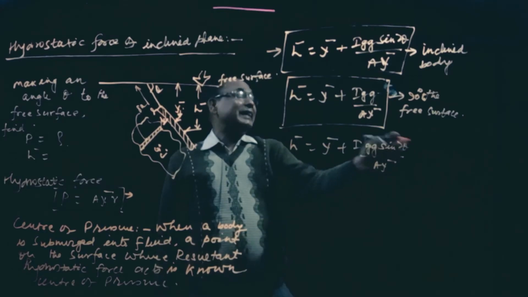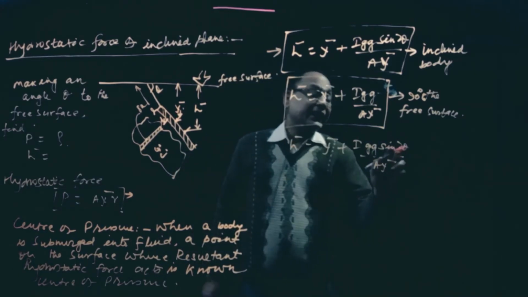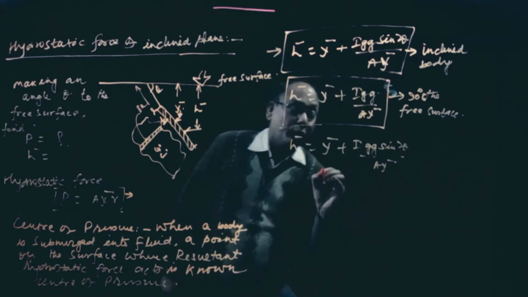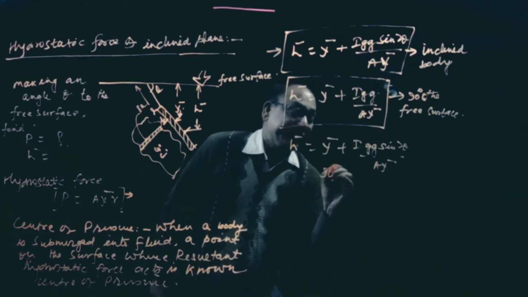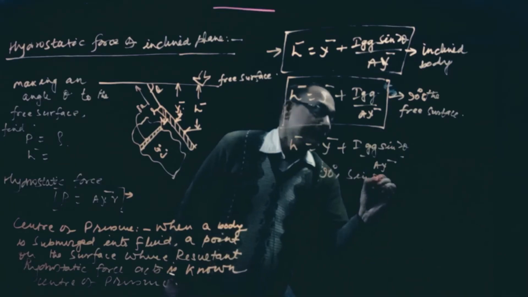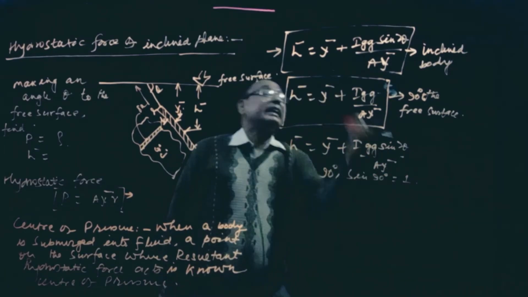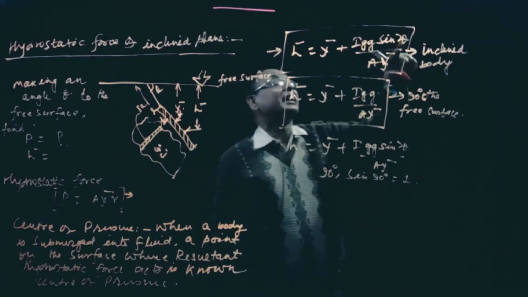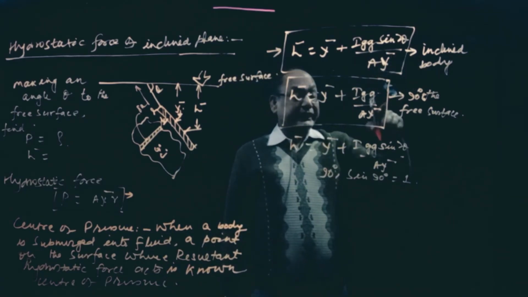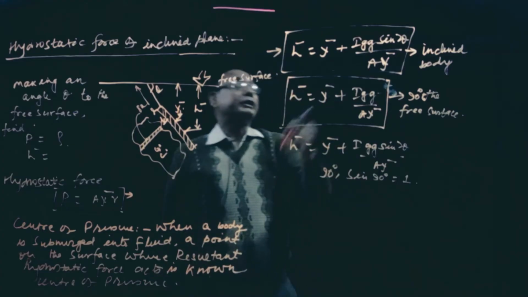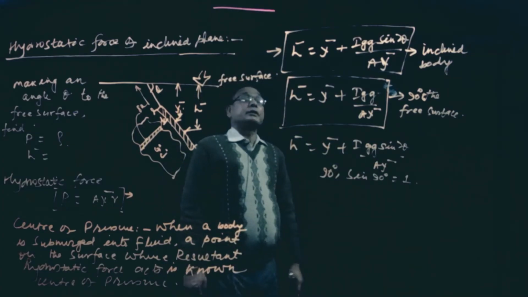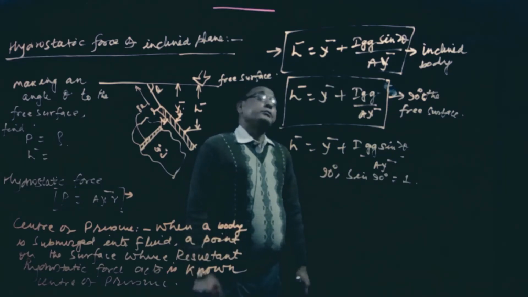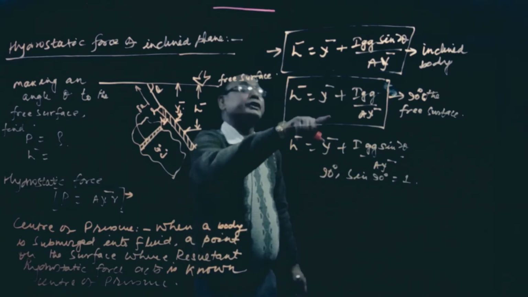This is for the inclined case, and if the plane is at 90 degrees, sin 90 is equal to 1. If the angle is 90 degrees, then automatically you get the other equation: h dash is equal to y dash plus IgG by A y bar. This is for 90 degrees to the free surface. So it is better to remember this equation.